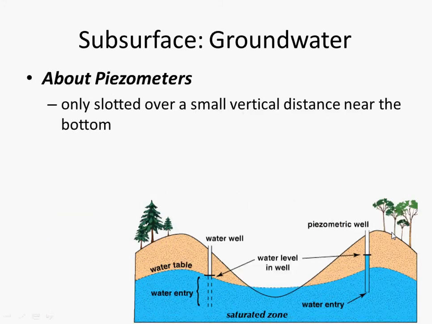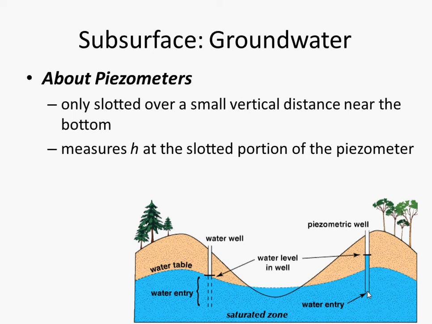Okay, so just a little bit about piezometers. This is showing you a monitoring well here. It's slotted all the way down so water can enter anywhere. Piezometers are only slotted at the bottom of the well, so this is the only place that water can enter. So the hydraulic head, H, is measured only at this slotted portion of the piezometer.